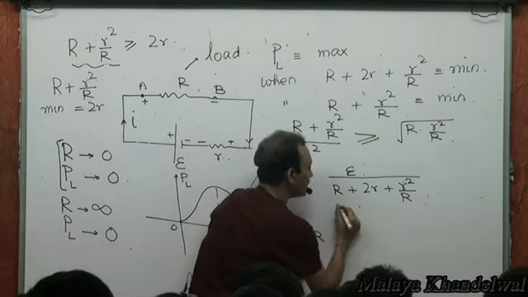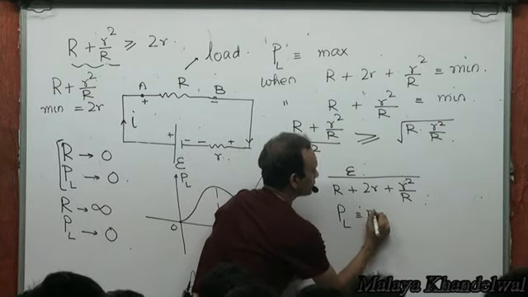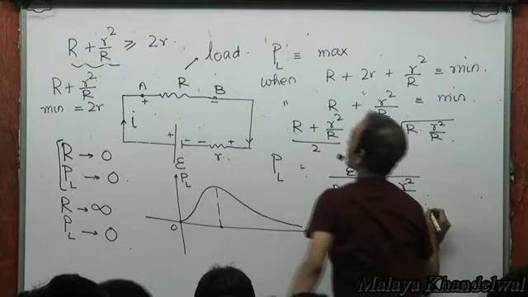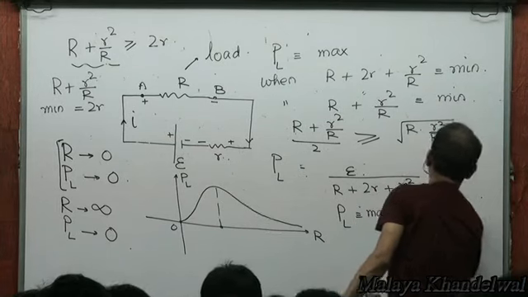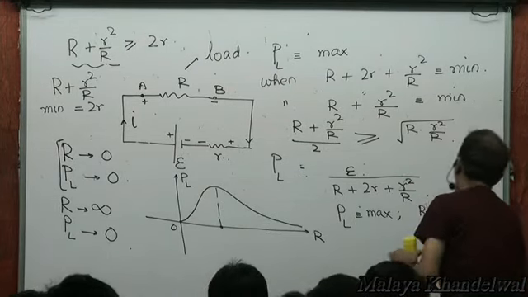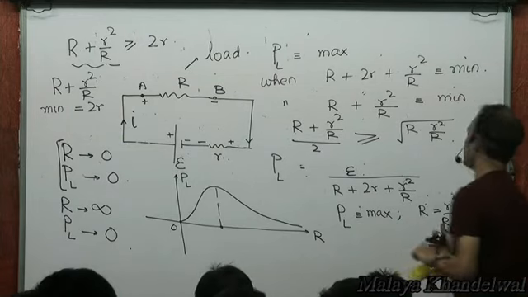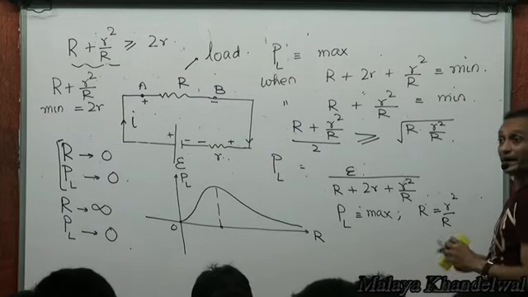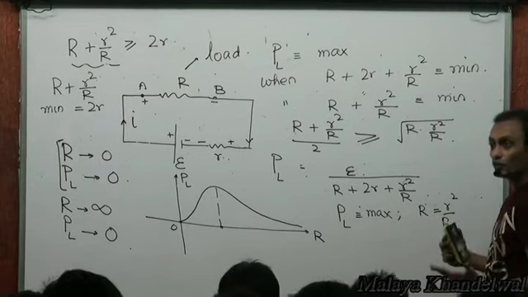So PL will be maximum when capital R becomes equal to r squared by capital R. That's when AM will become equal to GM, when the quantities involved are equal.